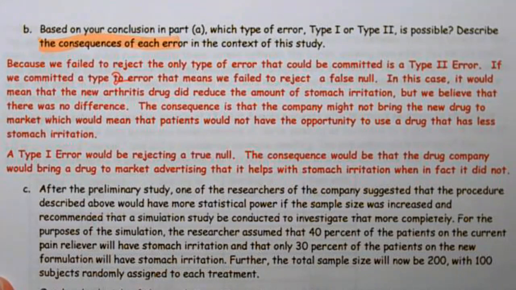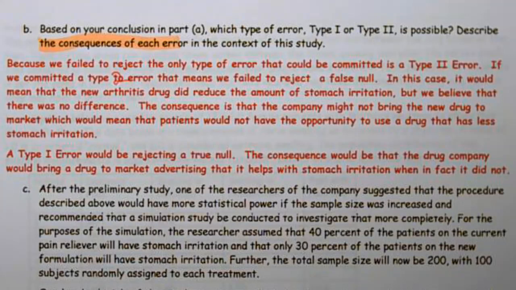The consequence is the company might not bring the new drug to market, which would mean that patients would not have the opportunity to use a drug that has less stomach irritation. There are several consequences you could have listed. That's the one that first came to my mind. But you could have come up with something else that made sense, but you need to list a consequence.